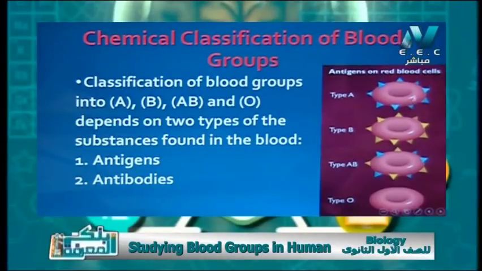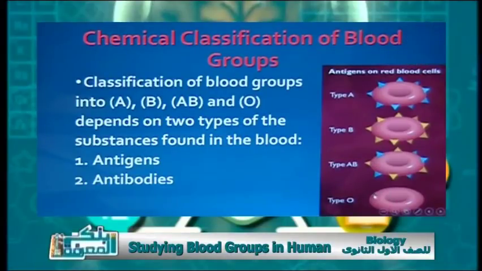So we give him the symbol A. And the antigen also could be antigen A. And the person who is blood group B has on his red blood cells another type of antigens, which we call B. And another person has two types of antigens, the antigen A and antigen B on his red blood cell, so we call him AB.